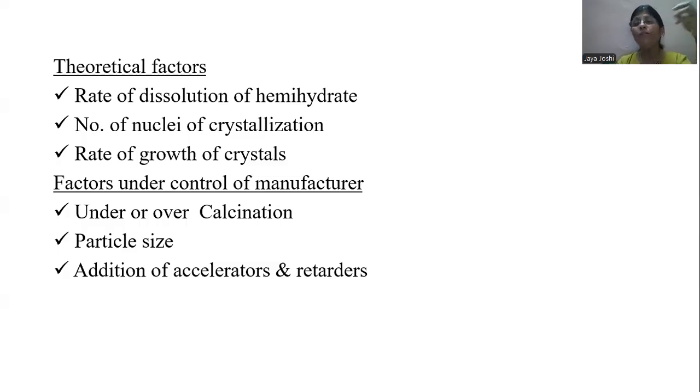Of course, they have to be used in proper concentrations. Sodium chloride in low concentrations acts as an accelerator, but if you increase the concentration, it will act as a retarder. Same with potassium sulfate also. Coming to retarders, borax is the most commonly used retarder in dental plaster or dental stone.